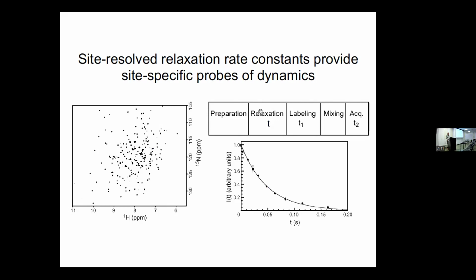And this period might come before t1, it might come after t1. This could be expanded into a 3D experiment, but essentially preparation, labeling, mixing, acquisition, these are all the blocks that we've already talked about, the INEPT, HMQC, TOCSY.